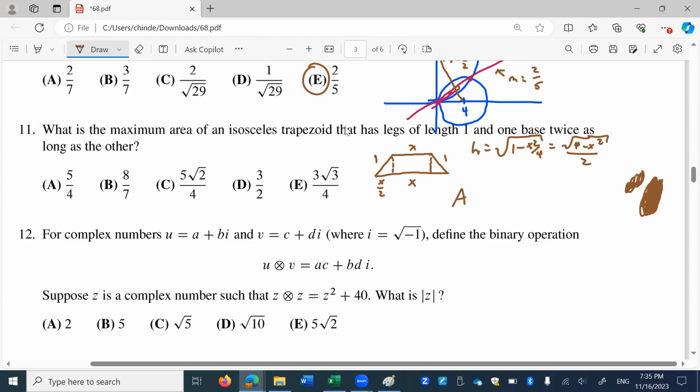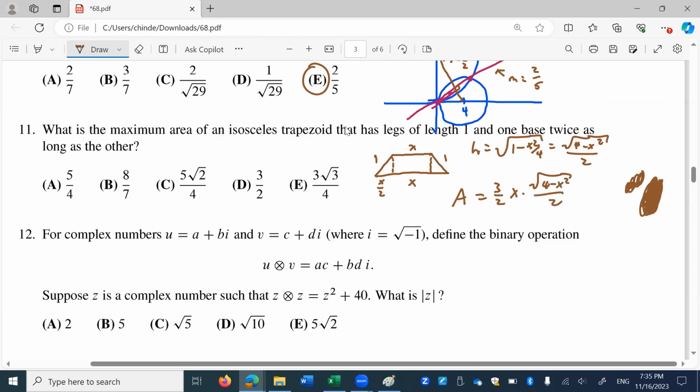So the area is going to be half the sum of the top length plus the bottom length, the average of the two parallel edges. So 3/2 x times the height, which is root 4 minus x squared over 2.